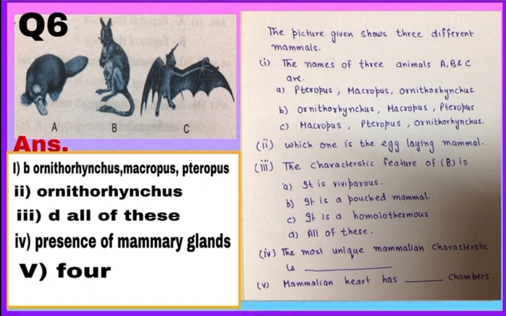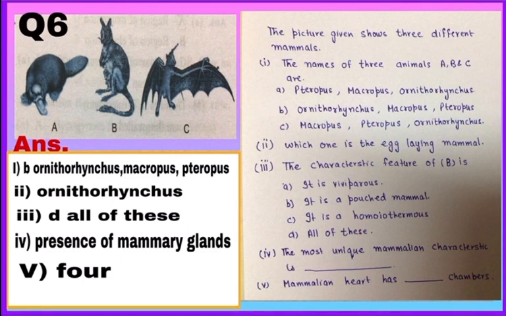Third part of the question, the characteristic features of B is, it is viviparous, yes. It is a pouch mammal, yes. It is a homeothermous, yes. So all these three characters are present in Macropus.